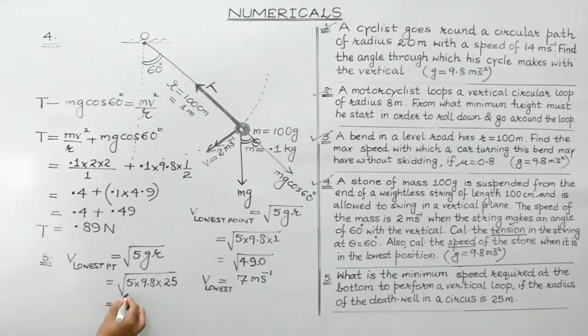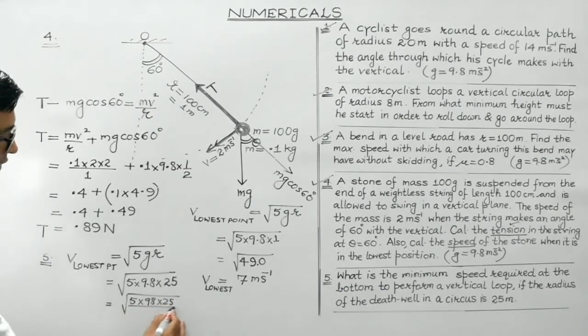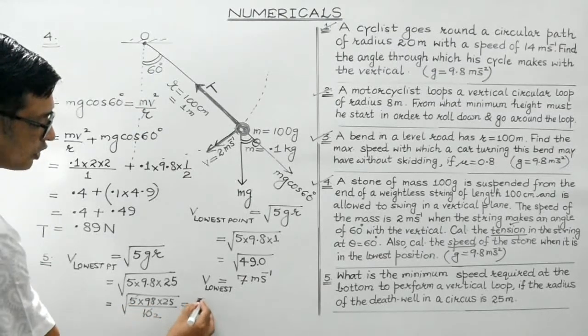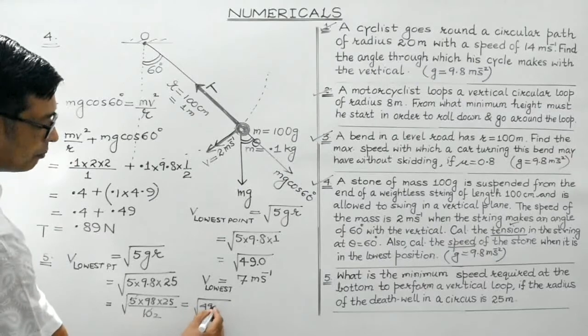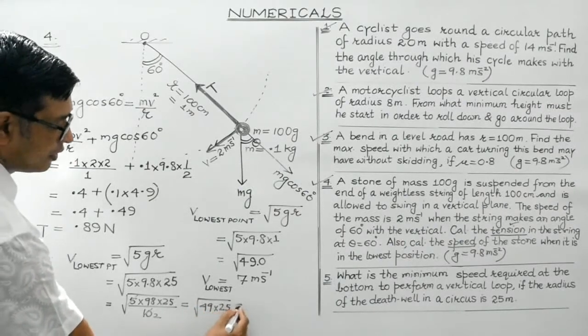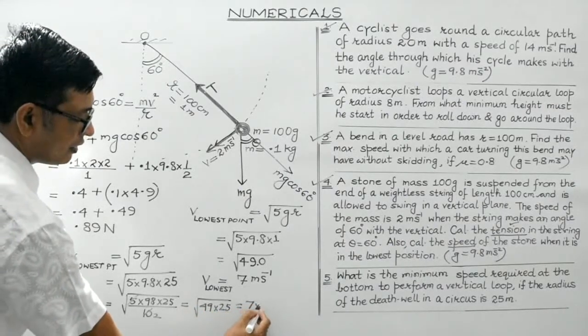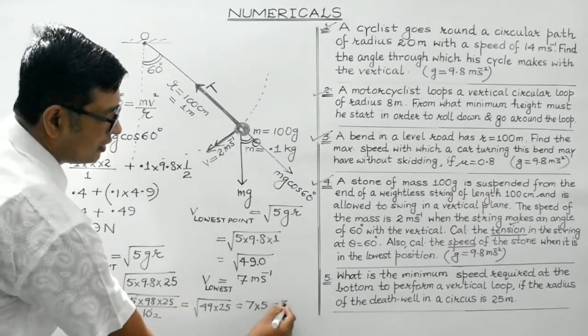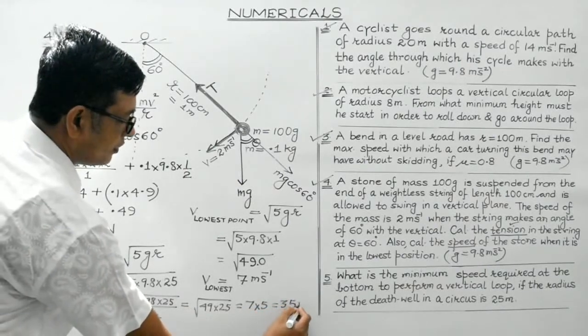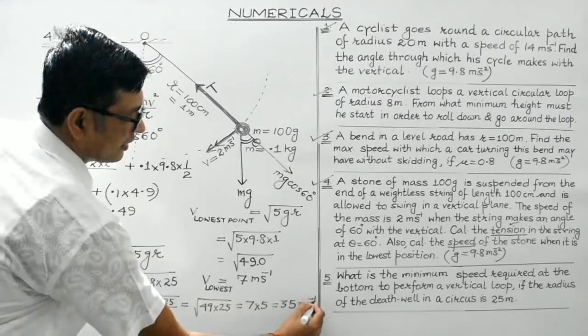It will be square root of 5 into 98 into 25 divided by 10. 5, 2. So 98 by 2 is square root of 49 multiplied by 25. So we will get 7 into 5, that is 35 meter per second.